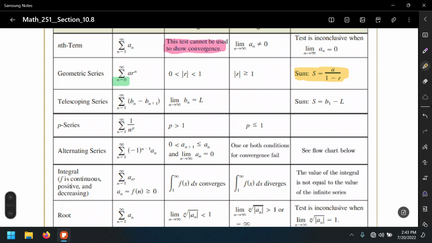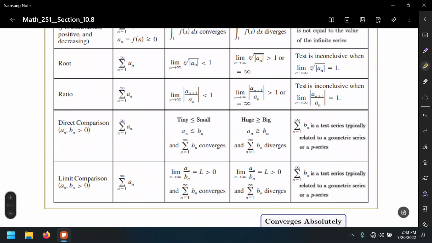For example, a series for which we would use either a direct or a limit comparison test to relate the given series with something that looks like a P-series or a geometric series, or something like the alternating series test, in which we first check the two conditions.